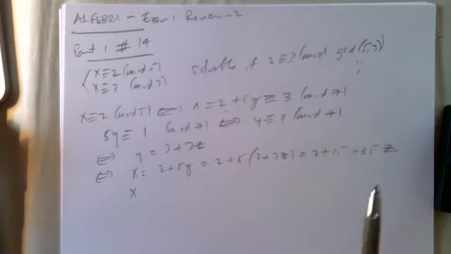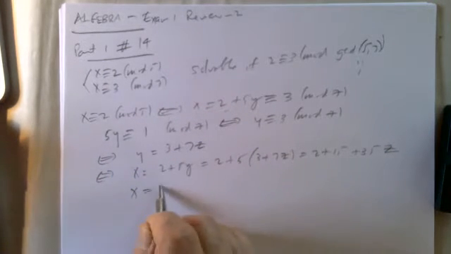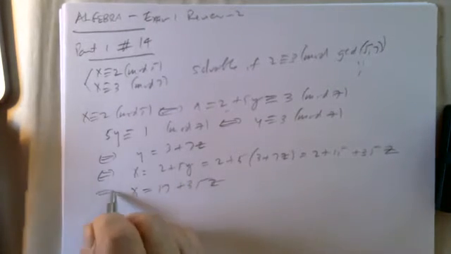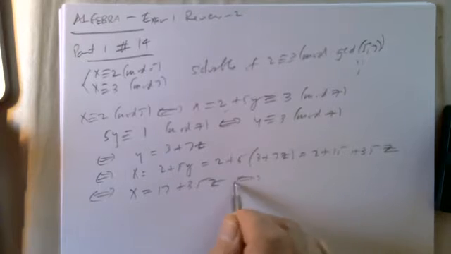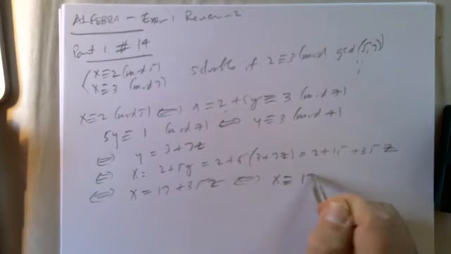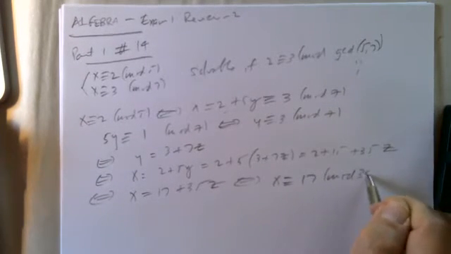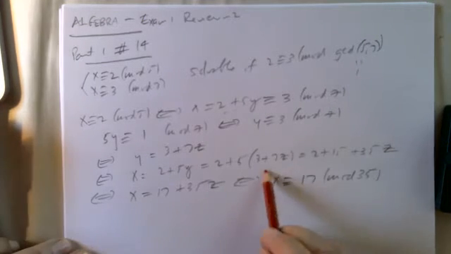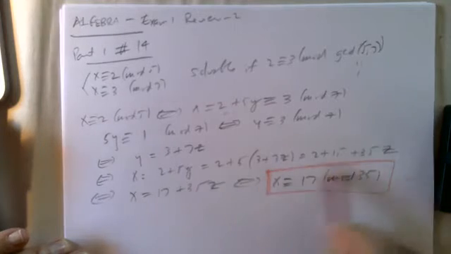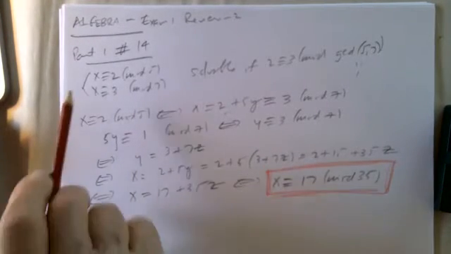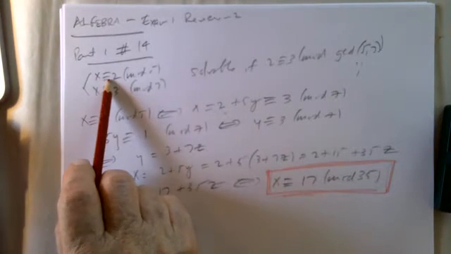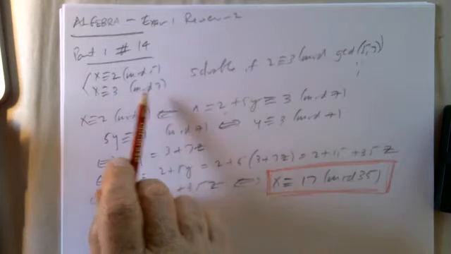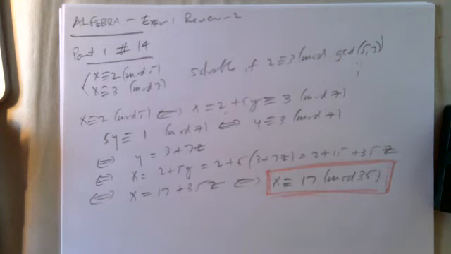So this is 2 plus 15 plus 35z, which is 17 plus 35z. So the solution is any number congruent to 17 modulo 35. There are infinitely many solutions, but they all satisfy one congruence. You can check: 17 minus 2 is 15, divisible by 5, and 17 minus 3 is 14, divisible by 7. So this is the solution.